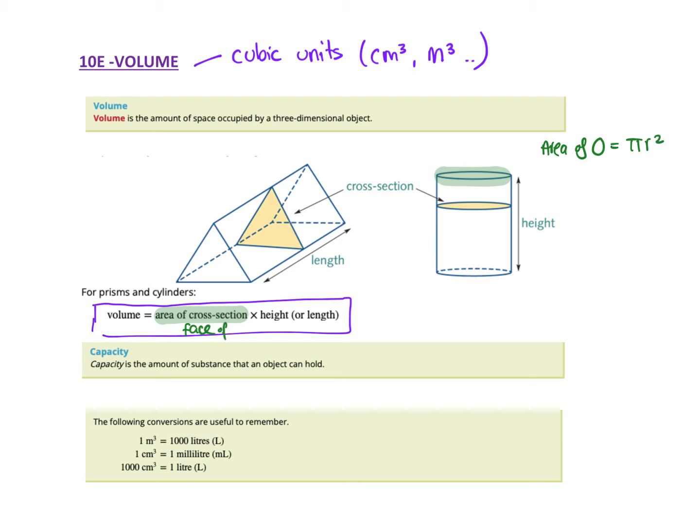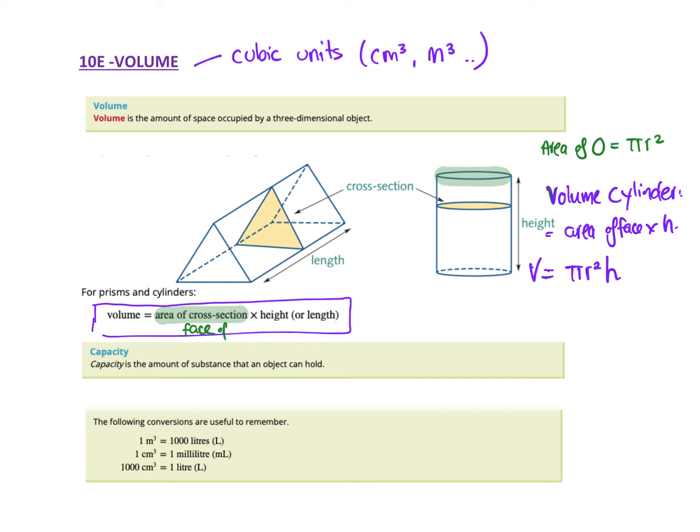So if we were going to find the volume of a cylinder, we'll just say the area of the face times the height of it. Area of a circle is pi r squared, and then we times it by the height of the cylinder. So that's the volume for a cylinder, and if you look on your formula sheet, you'll see it.